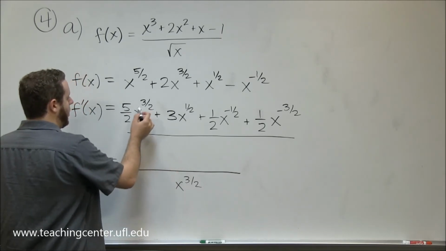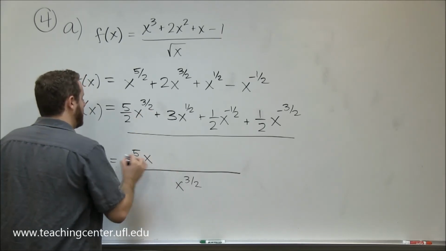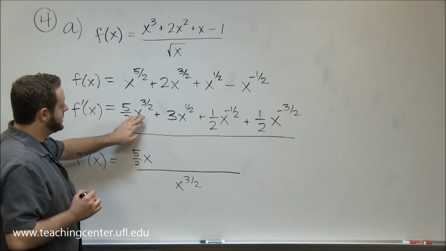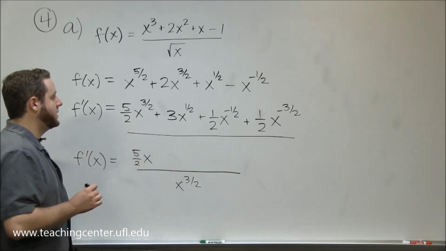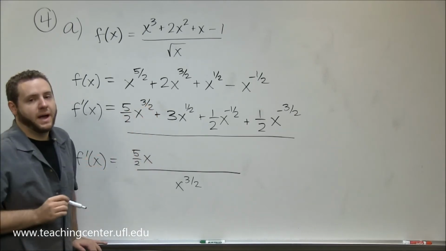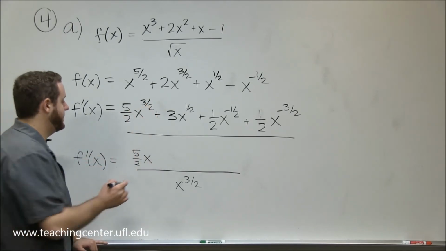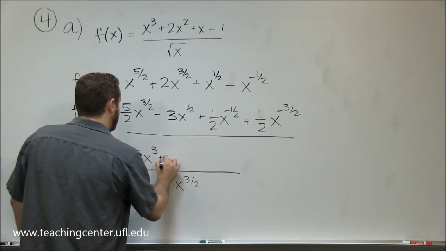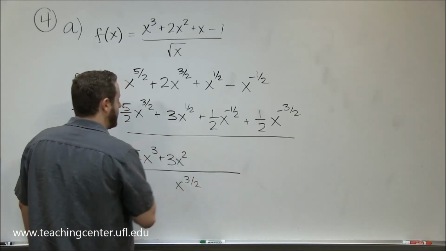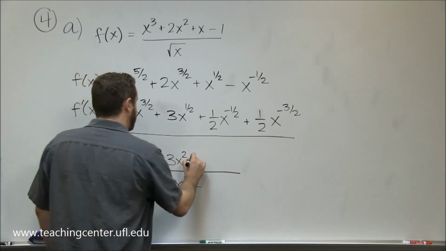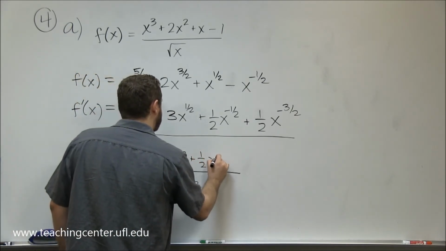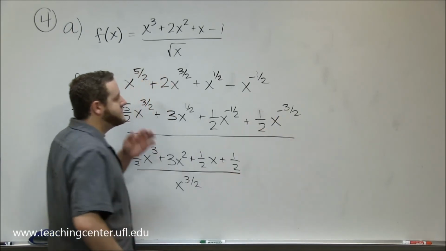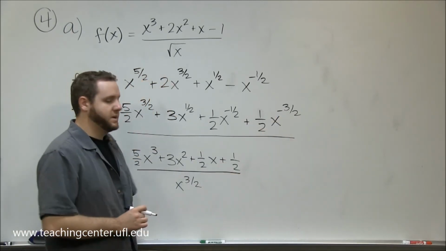So if we wanted to get x to the 3/2 by dividing x to the something by x to the 3/2, again, we're just multiplying this by x to the 3/2, which when you multiply, you add the powers. So 3/2 plus 3/2 would be x cubed plus 3x squared, following our pattern here, plus 1/2 x plus 1/2, because that one has the power of negative 3/2 already, so it wouldn't have done any of that.